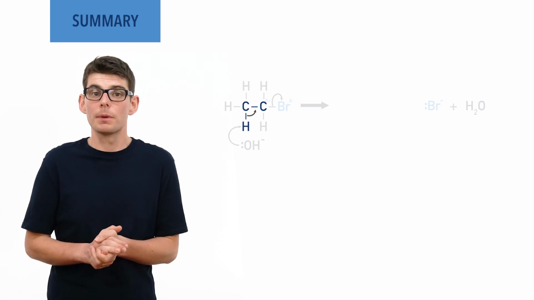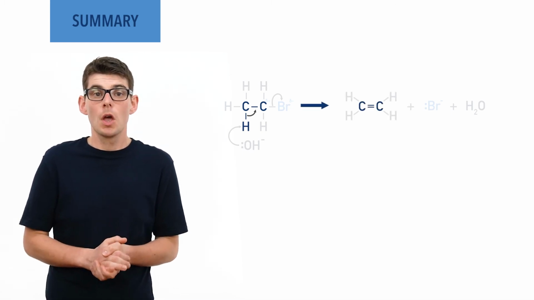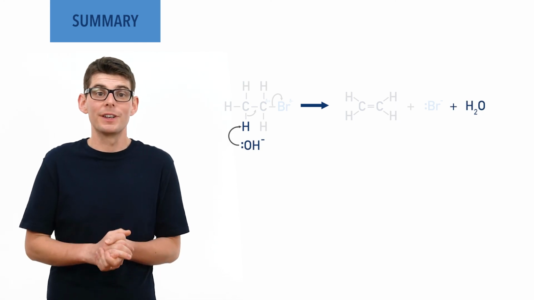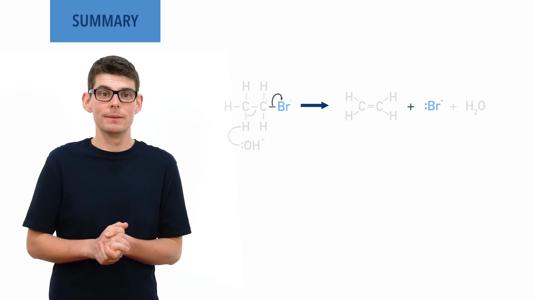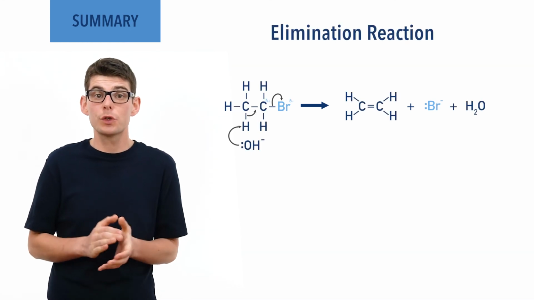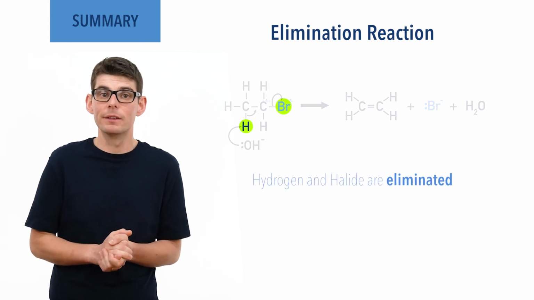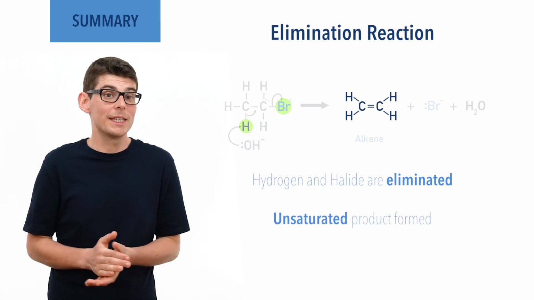This forms a carbon-carbon double bond, and the product is an alkene. A molecule of water is also produced from the hydroxide ion accepting a H+ ion, and a halide ion is released. The reaction is an example of an elimination reaction as two groups, substituents, are removed from the halogenoalkane, forming an unsaturated compound, in this case an alkene.